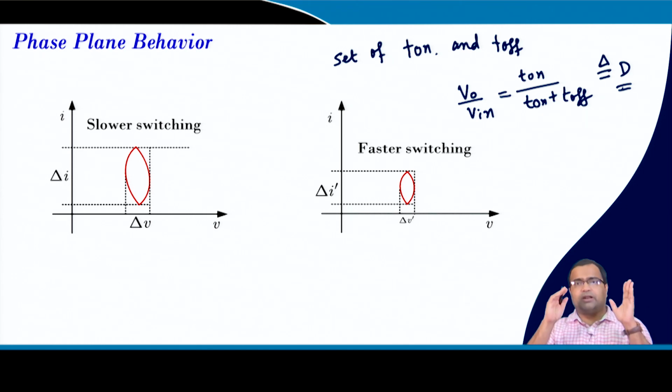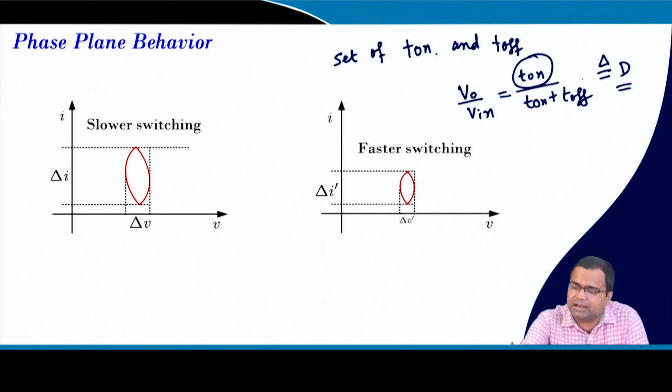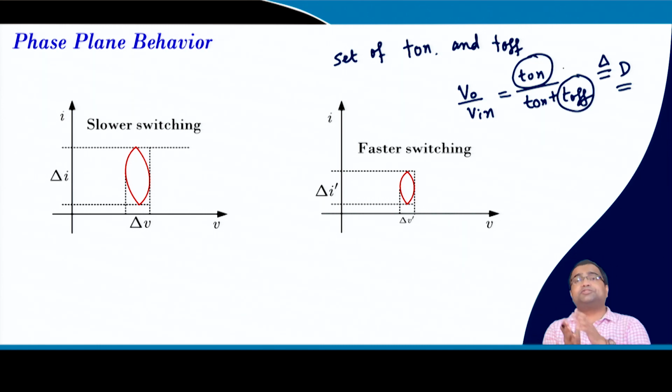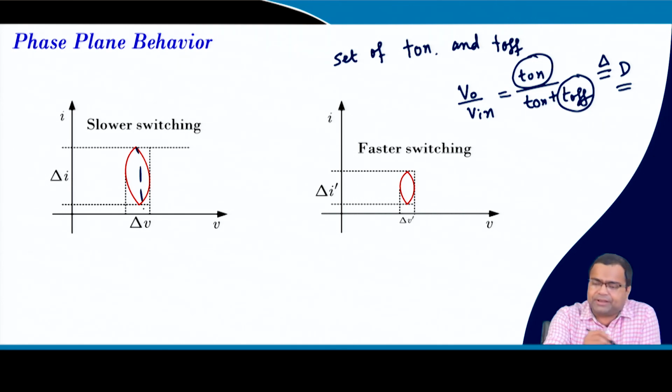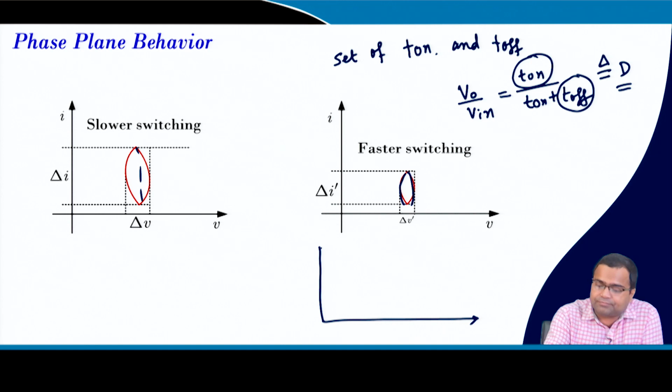But if we talk about an ideal converter, the duty ratio is nothing but the ratio of the on time to the total time. Now, you can reduce this on time, and similarly you have to reduce the off time, so that the ratio remains the same, because that will decide my regulation point. If we reduce that, then we can reduce this ripple. In the time domain it will look like this.